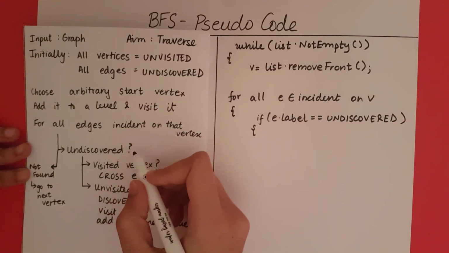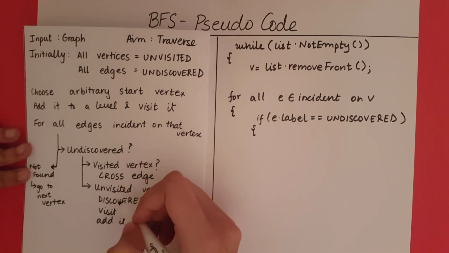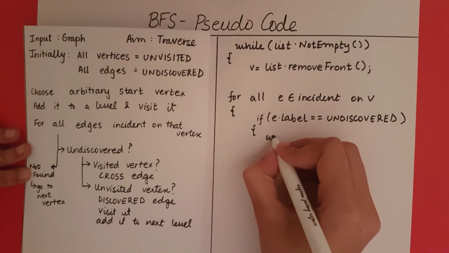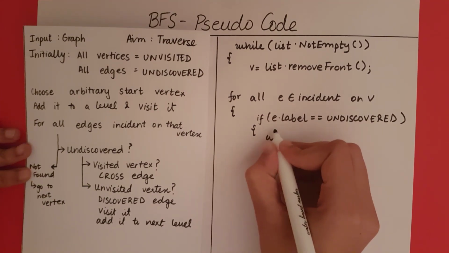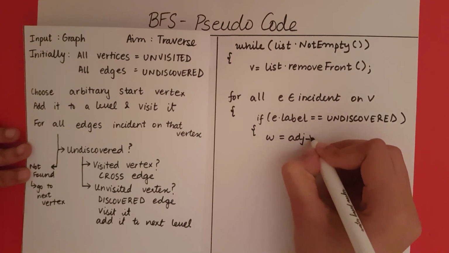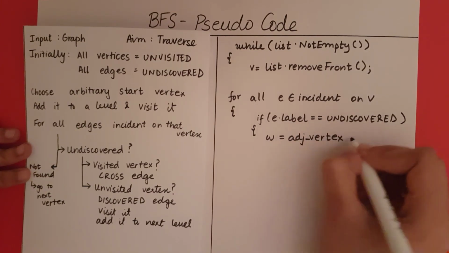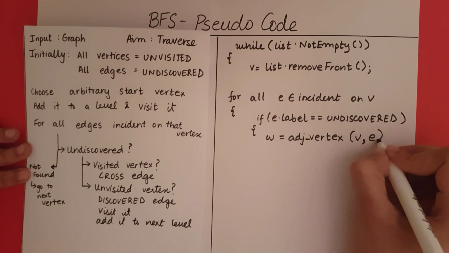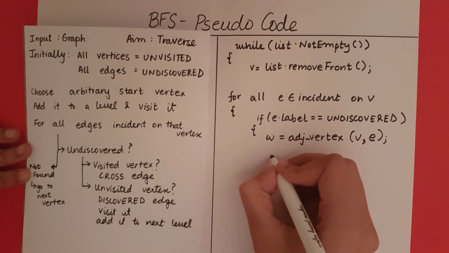After I check if it's undiscovered, I need to check a few things about the vertex that undiscovered edge leads to. Let's say that adjacent vertex is going to be W. So the adjacent vertex to the vertex V, which we arrive at through the edge E, is going to be W.